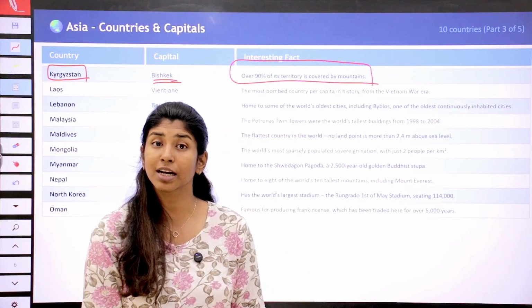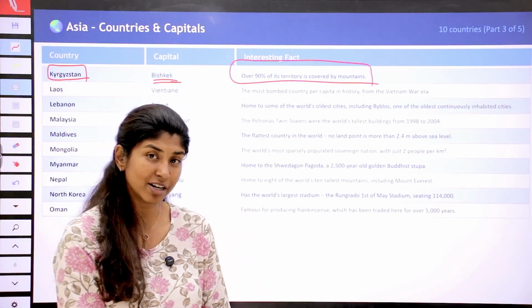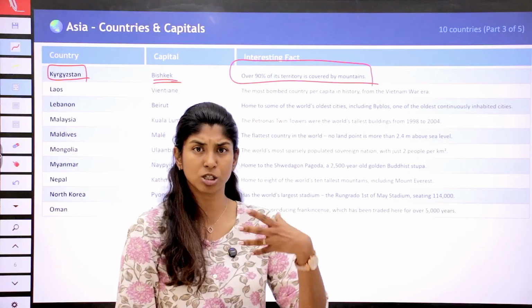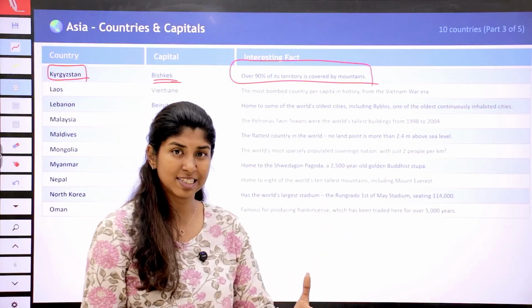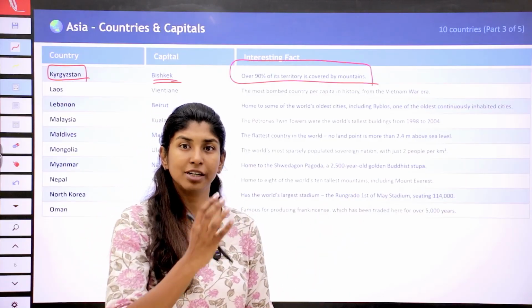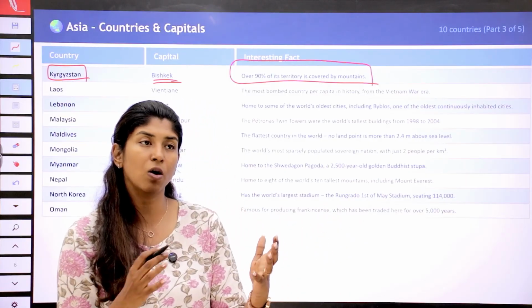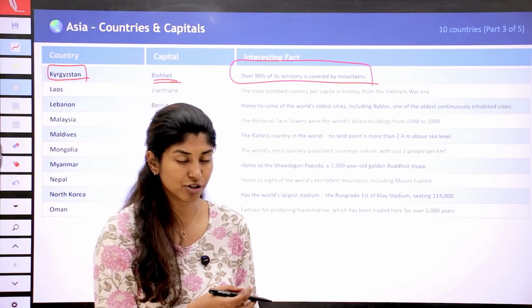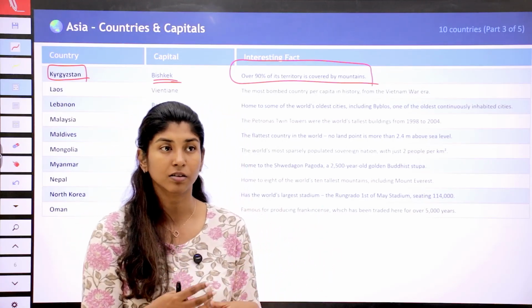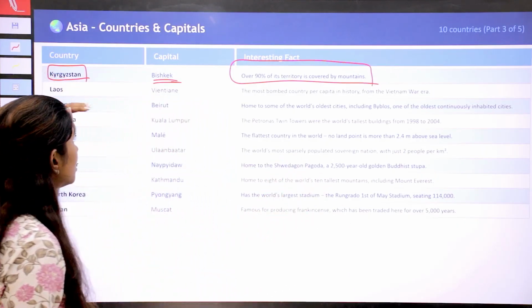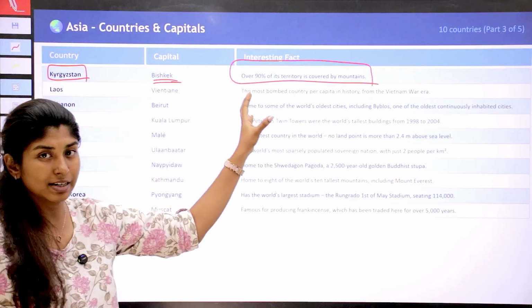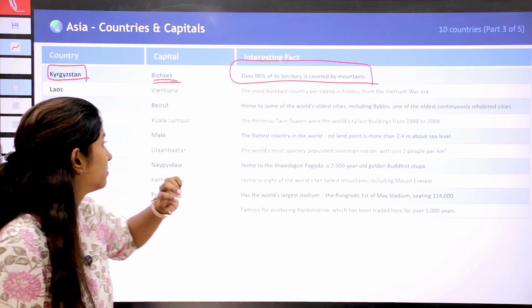We also saw that the world's highest peak, Mount Everest, is in Asia, which is snowbound. And we saw the Dead Sea. So you can see how different Asia is, from snow to desert to sea to mountains. One example is Kyrgyzstan, where 90% of its territory is covered by mountains.